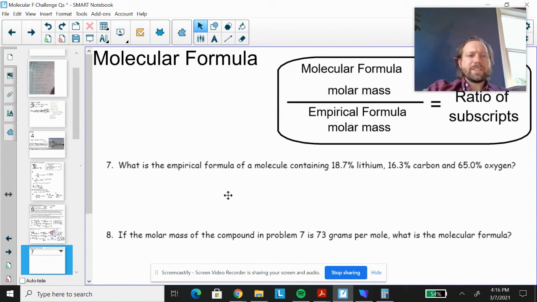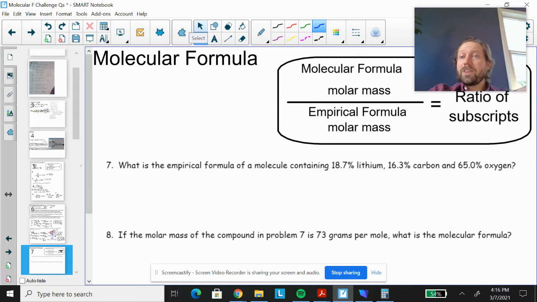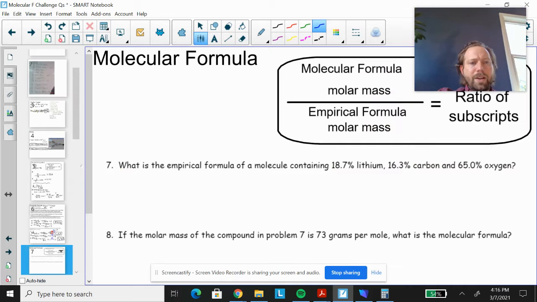As I've said in the previous videos, for the most part you're not given anything on this test except for the periodic table and some of the obscure factor label conversion factors. You're not given this particular formula.